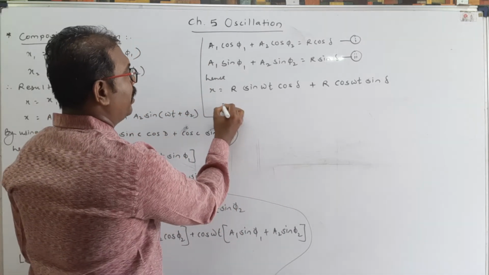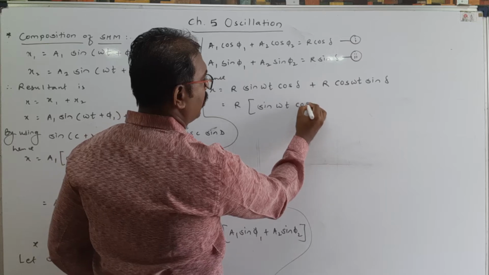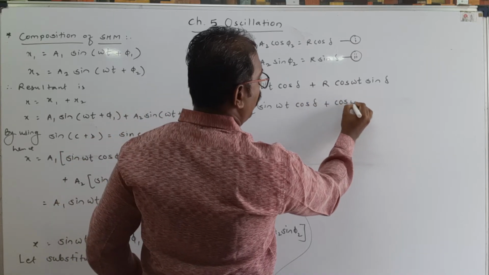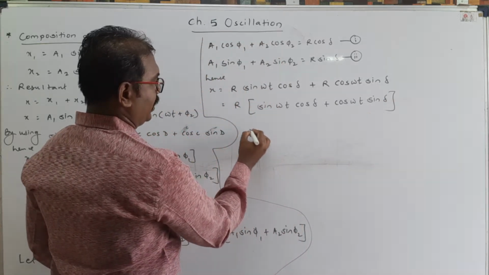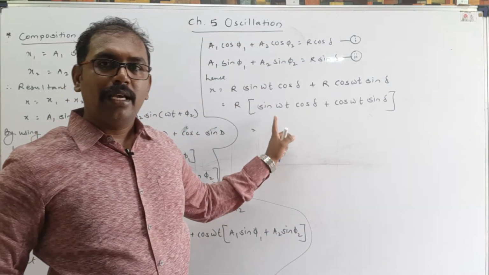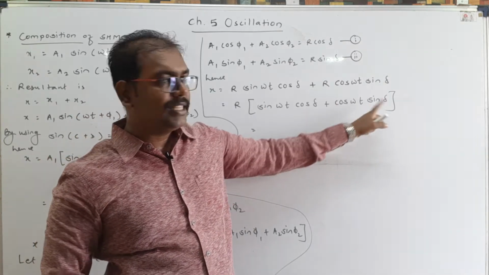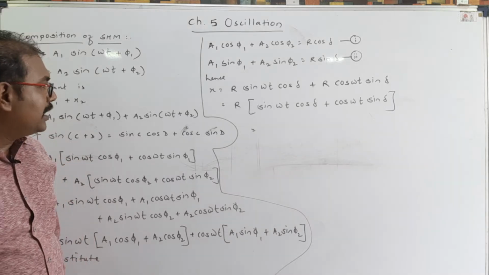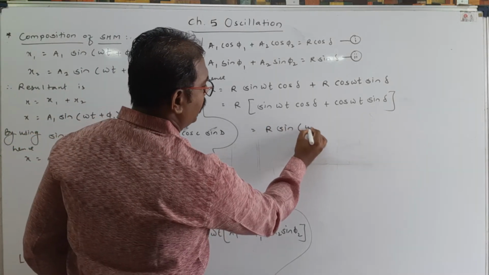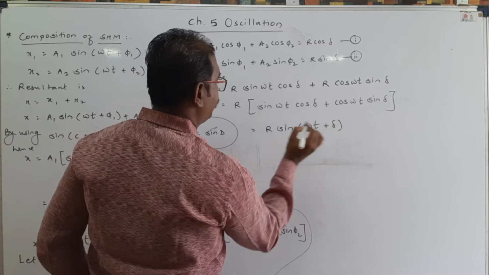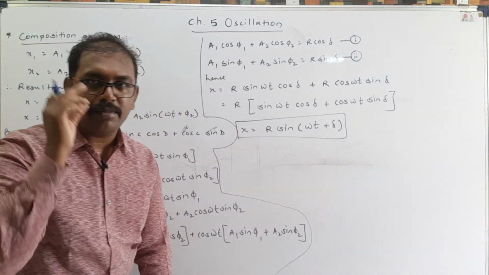Now R we can take common. So R in a bracket: sin omega t cos delta plus cos omega t sin delta. This is the expansion of the formula, R sin(omega t plus delta). So this is the expression for the resultant displacement.